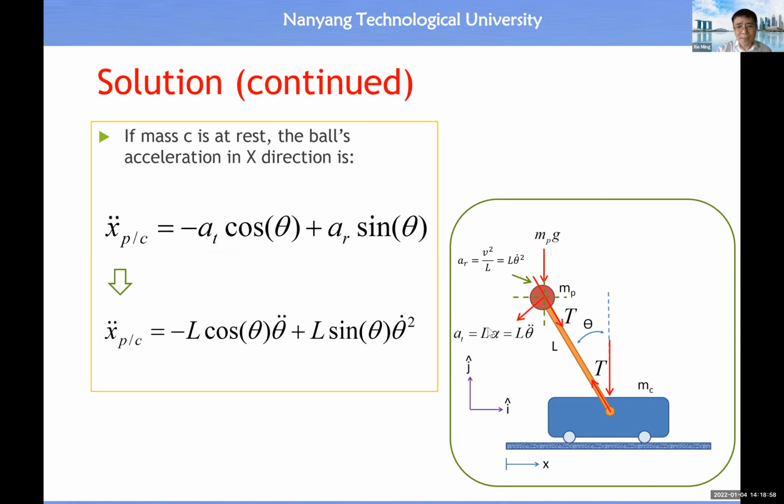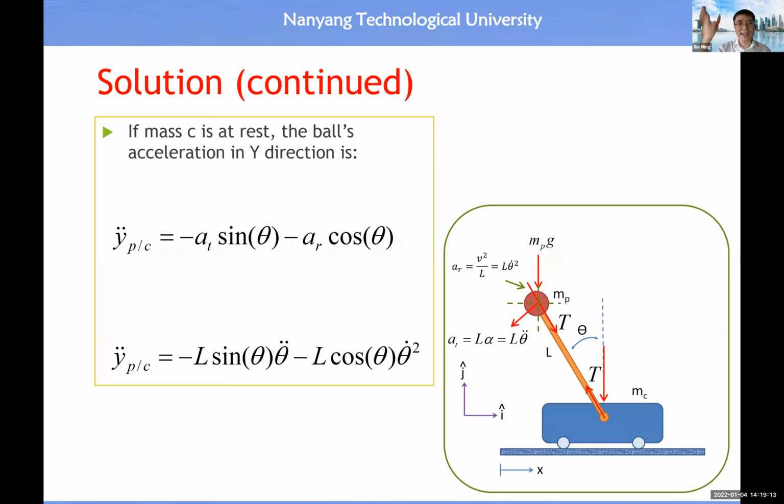Now we know AT is equal to this one, and AR is equal to this one. Then we substitute AR and AT with these results, and we have this equality. It's very simple. Then in the y direction, we also have a y component. The y component from the tangential acceleration vector is times sine theta, plus the y component from the radial acceleration vector.